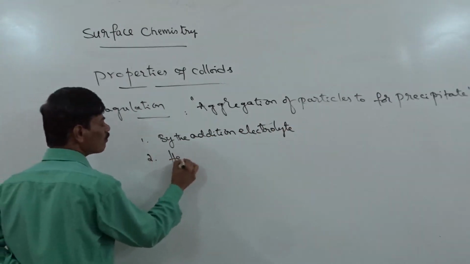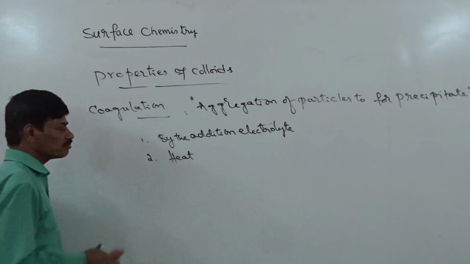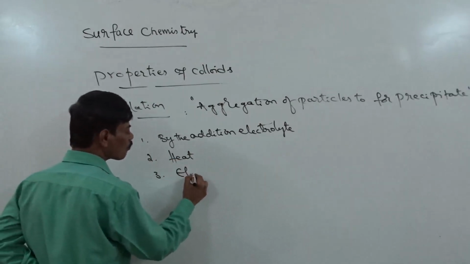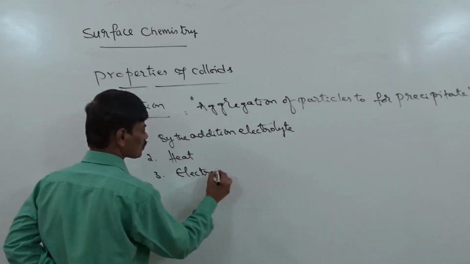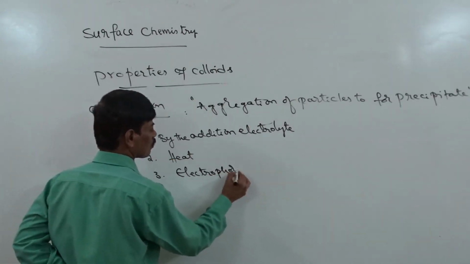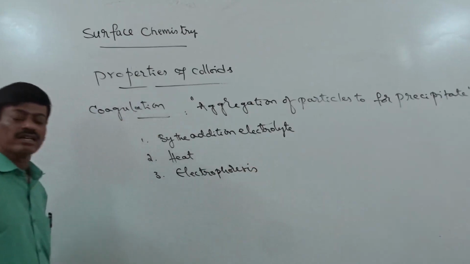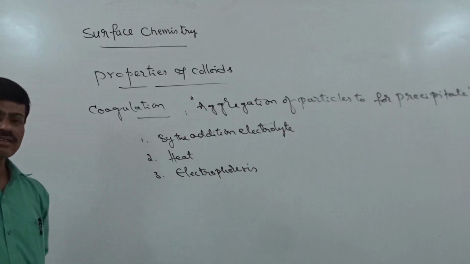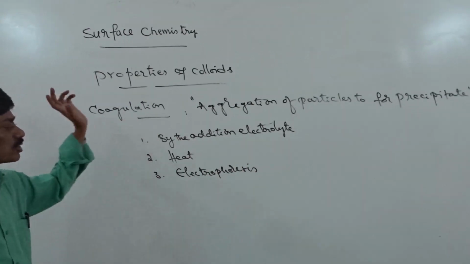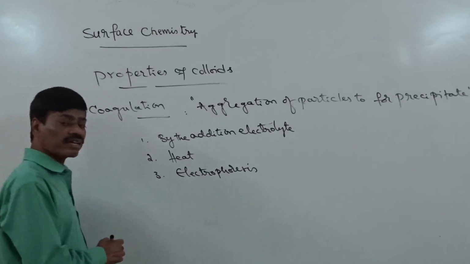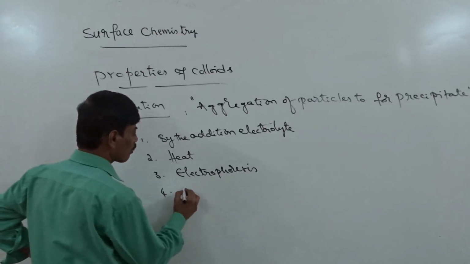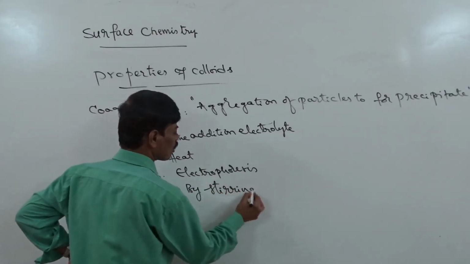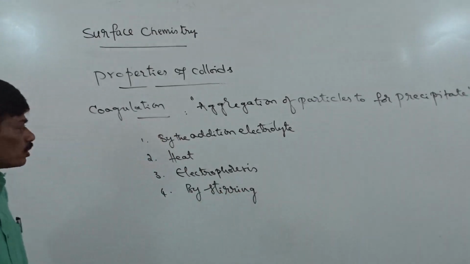Next, by giving a small amount of heat energy, coagulation can be carried out. By means of electrophoresis, coagulation can be carried out, right? So different techniques are there in order to make coagulation occur. Even by stirring, coagulation can be made to occur.